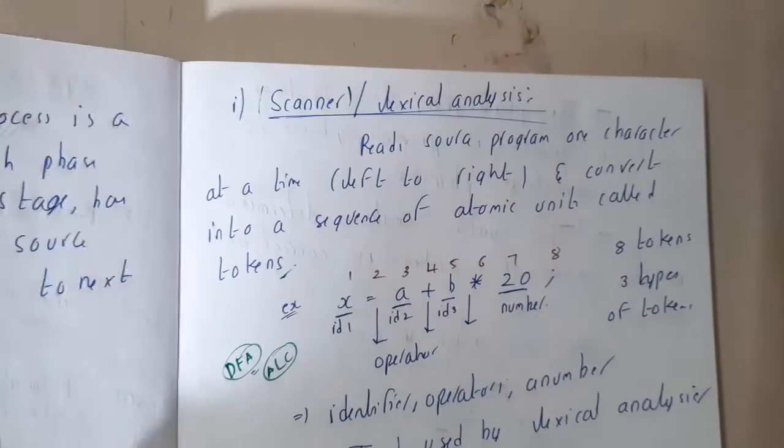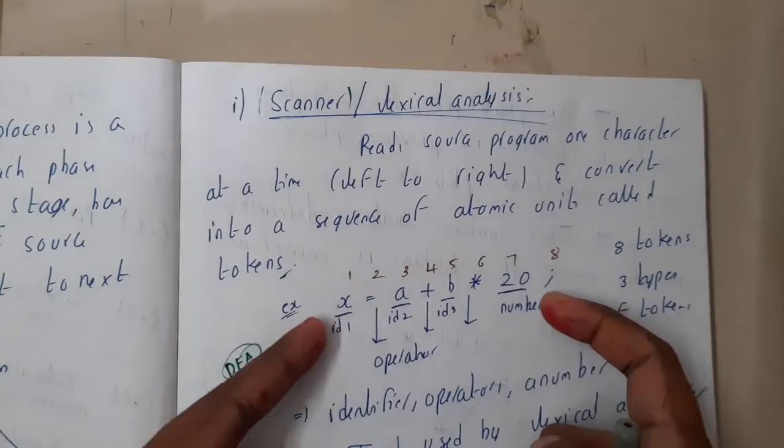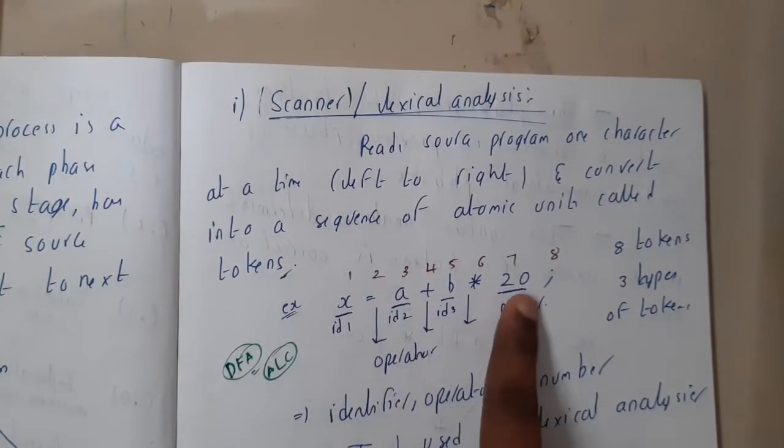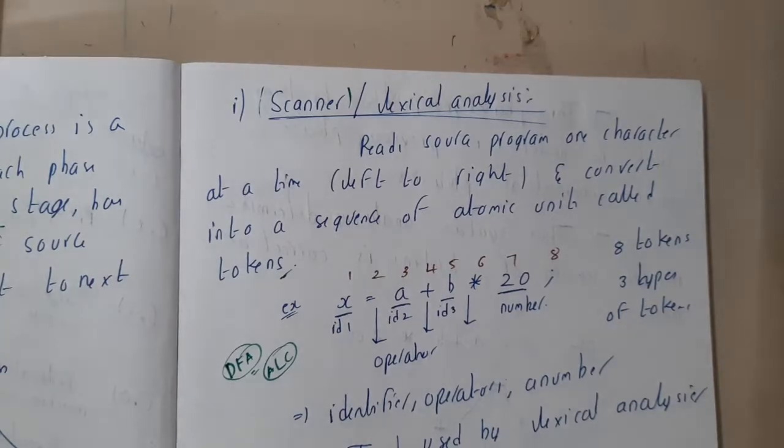When it comes to the lexical analyzer, let us take a small statement here, guys: x is equal to a plus b into 20 semicolon. What are you observing here? There are some items, right?